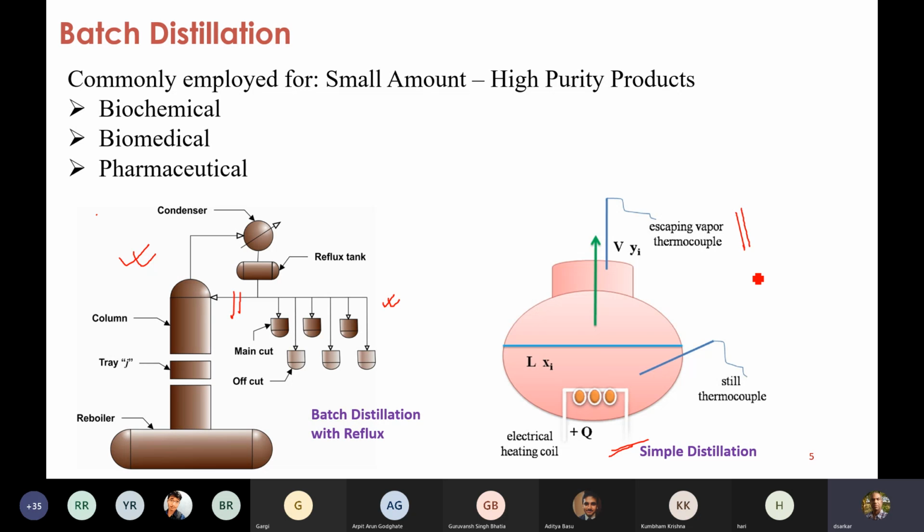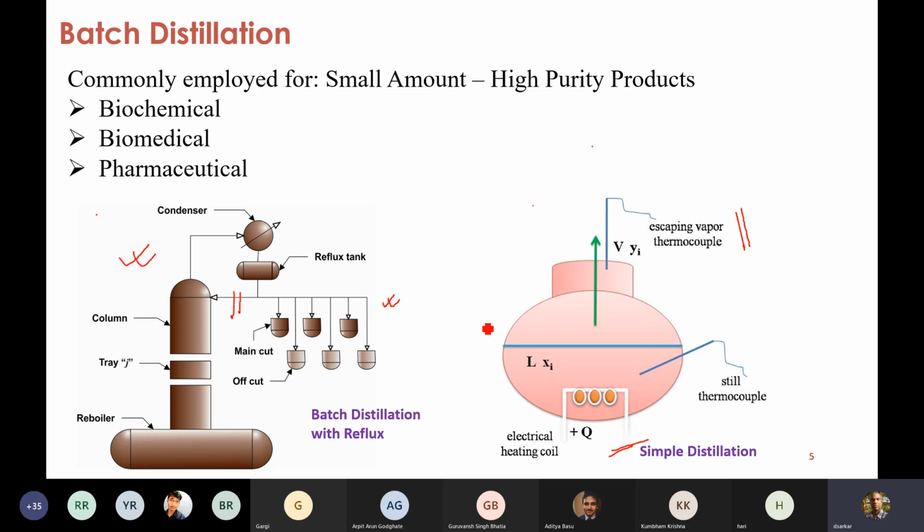So for a period of time, if you condense the escaping vapor and accumulate it, you will basically carry out some kind of separation, and that condensed vapor will now be richer in the more volatile compound compared to the binary liquid mixture you started with. This can actually be done in a large kettle.